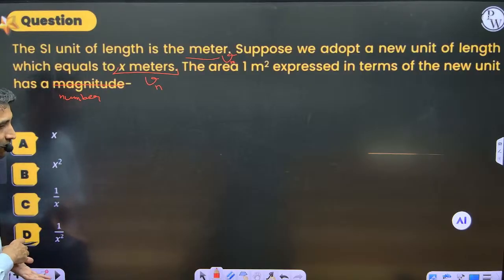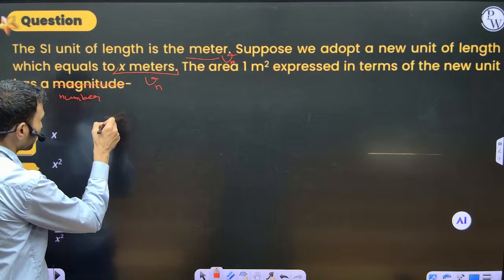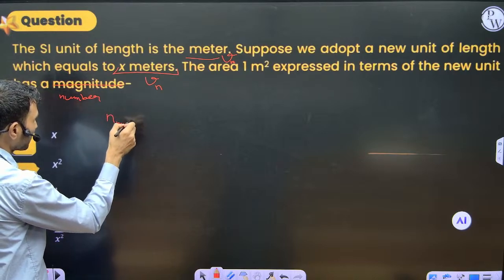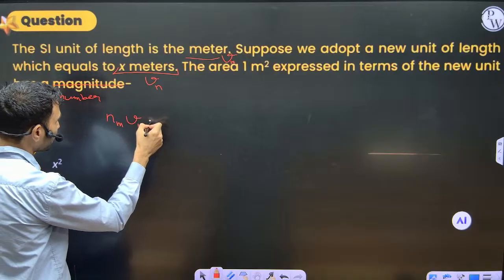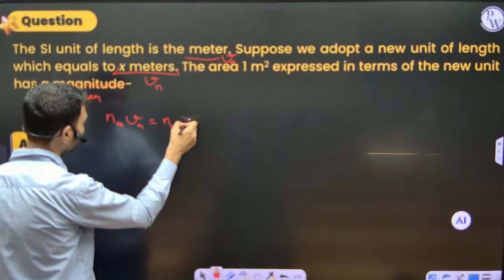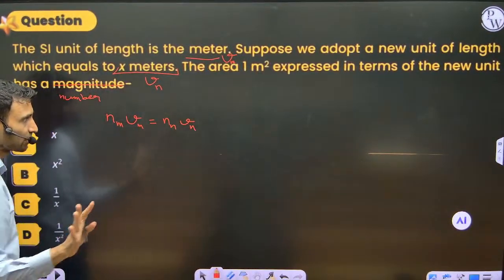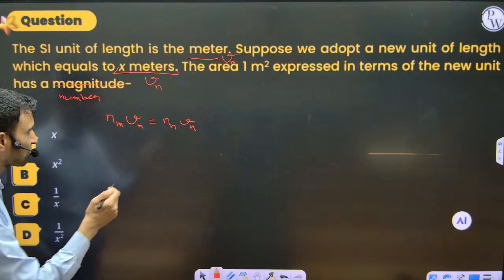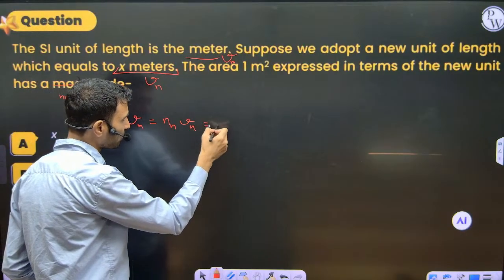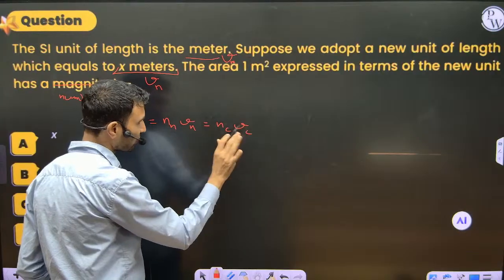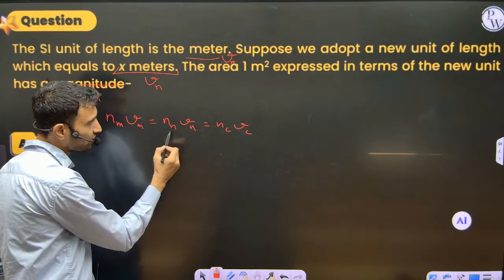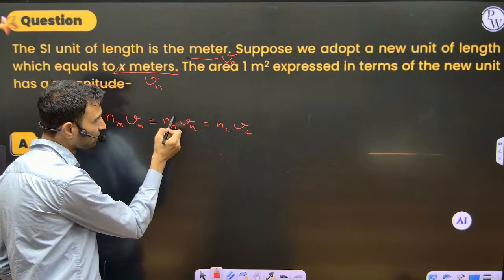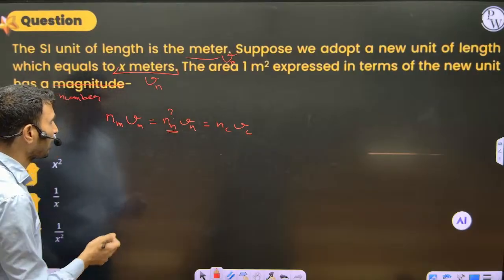So as usual, we know that number written in MKS into unit written in MKS is equal to number written in the new system into unit written in the new system, right? We have been using this time and again. Also, in CGS you can write it as number written in CGS into unit written in CGS. That's all good, right? But right now we just need the number written in the new unit. And how much is that?